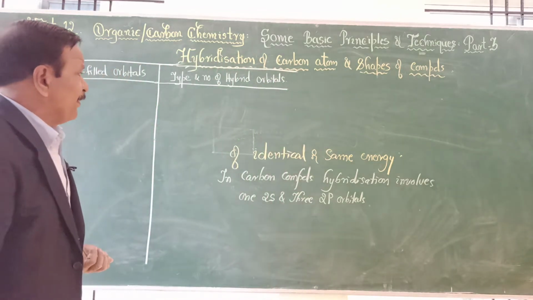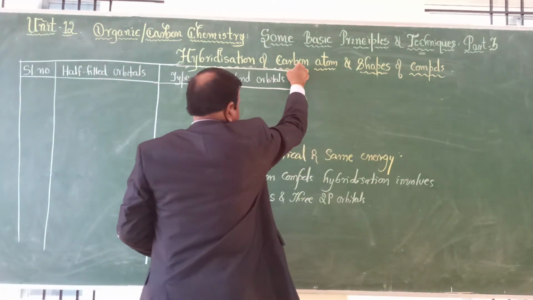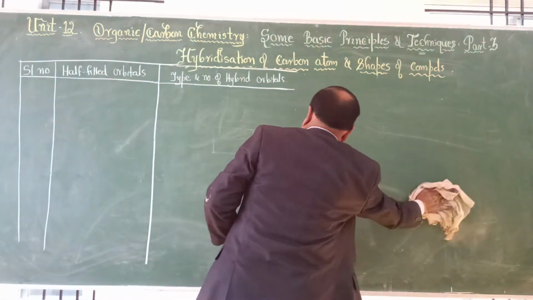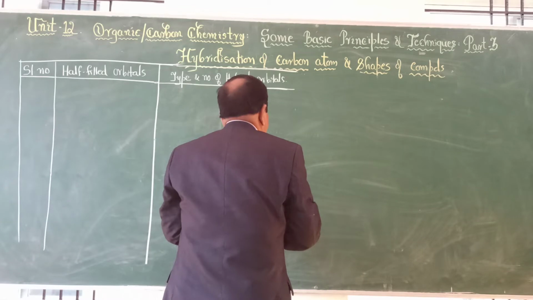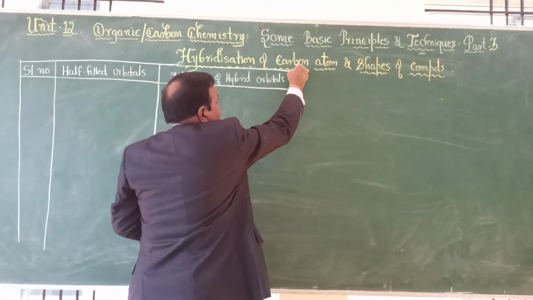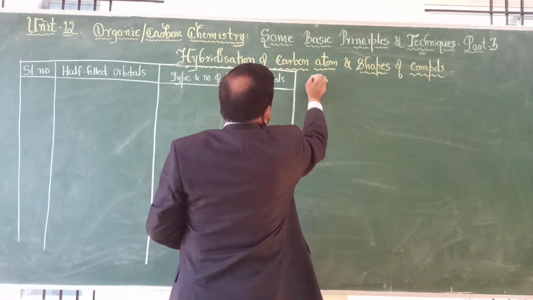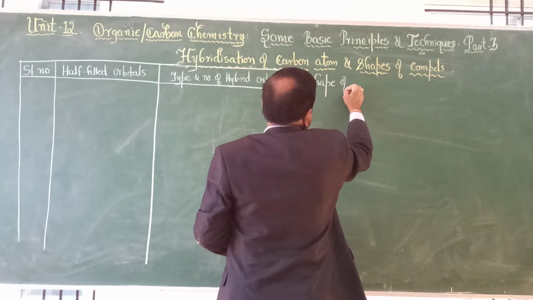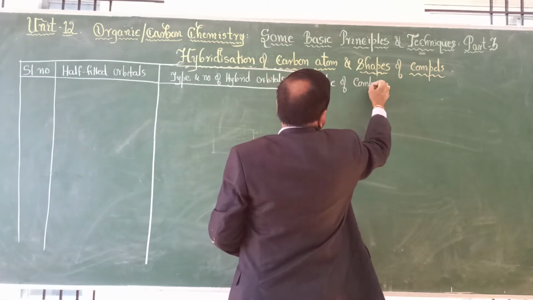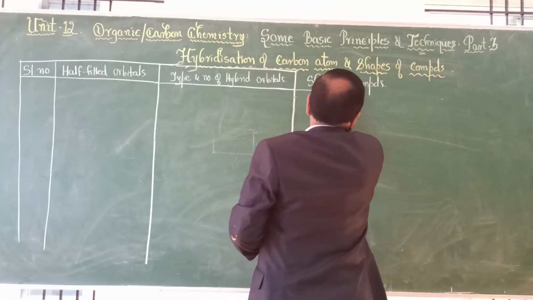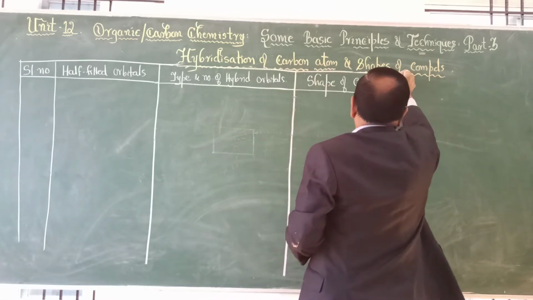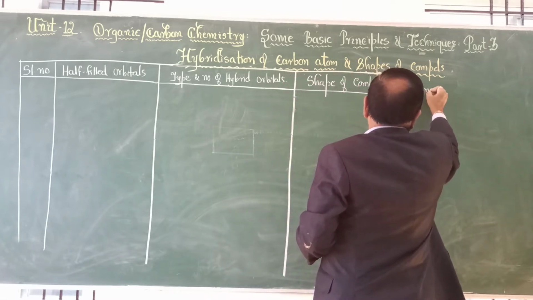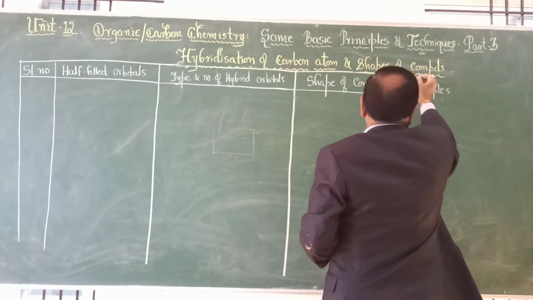And then what we want: if that hybridization is there, what will be the shape of compounds in which that hybridization is there. And then we will get lastly examples for that type of hybridization.